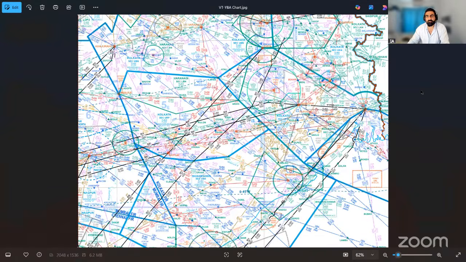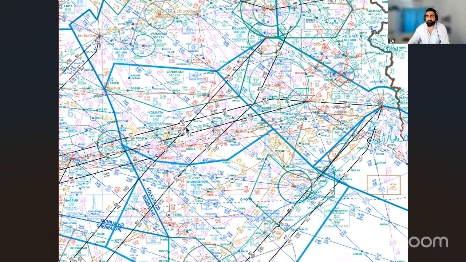Can you see it in full screen mode now? Is it full screen now? Yeah, so. These blue thick boundaries, which are the thickest of them, we can see them first.